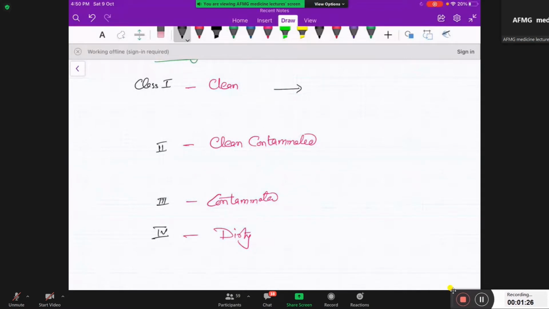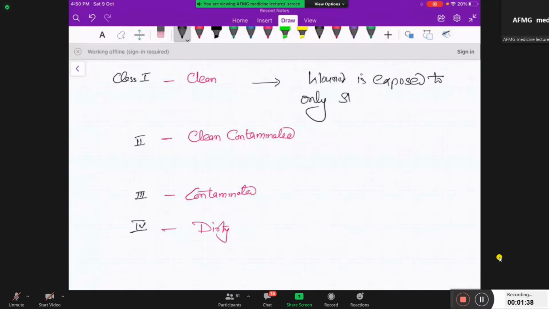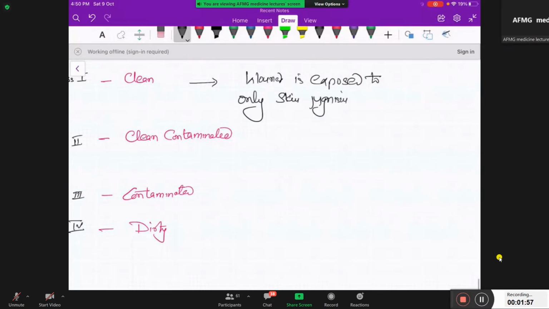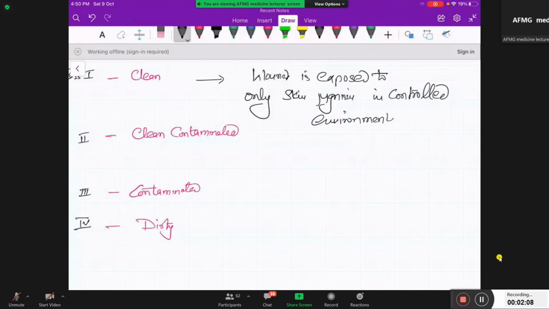Class 1 wound is one where the wound is exposed to only skin microorganisms in a controlled environment.